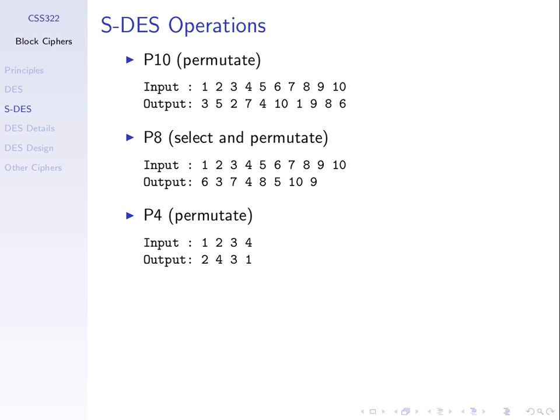We take bit 6, 3, 7, and 4, which is 0, 1, 0, 0. 8, 5, 10, and 9. 8 is 0, 5 is 0, 10 is 1, and 9 is 1. That's key K2. 0, 1, 0, 0. 0, 0, 1, 1. That is the key generation algorithm for Simplified DES.